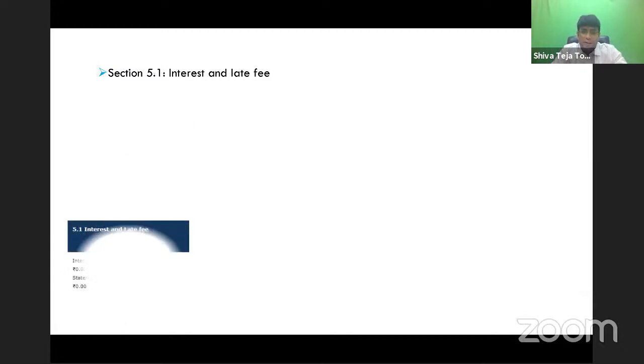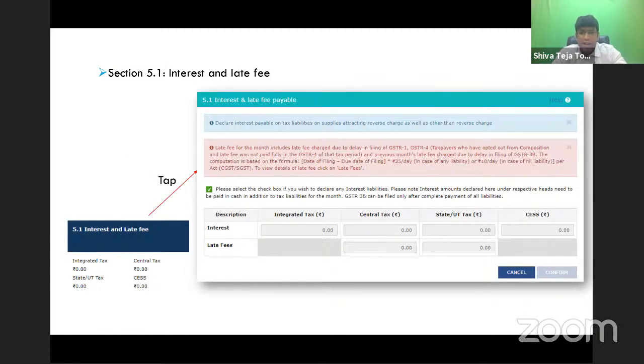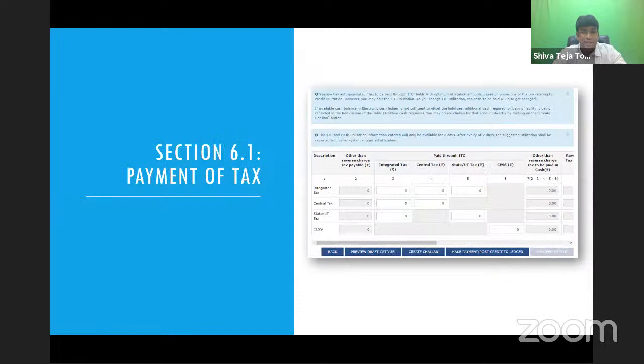Interest and late fees, I already told you, interest is auto-populated, and you can see the box I wrote there: 25 rupees for any liability, and if it is nil liability, it is 10 rupees per day. And I already told you that interest is practically not auto-calculated as of today's date. Next point. This is how it looks, my dear friends.